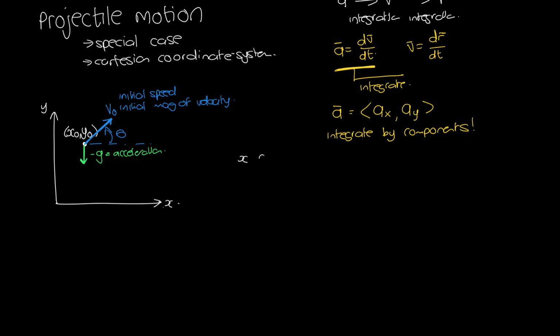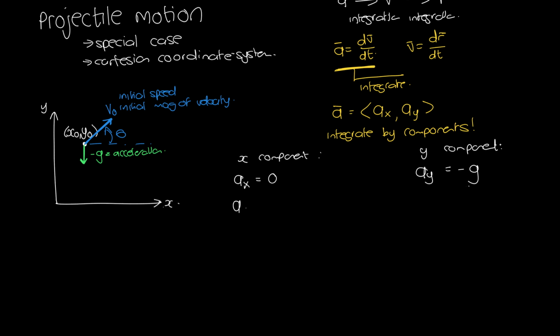We'll look at the x component and the y component. Going back to our diagram, we only had a y component for the acceleration and no x component. So a x is 0, and a y is minus g.